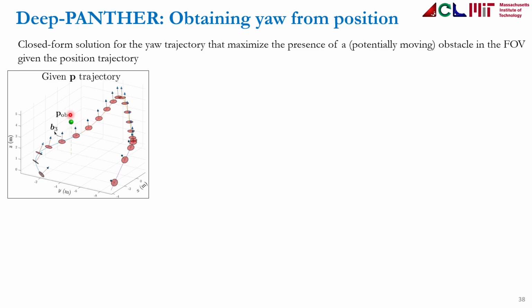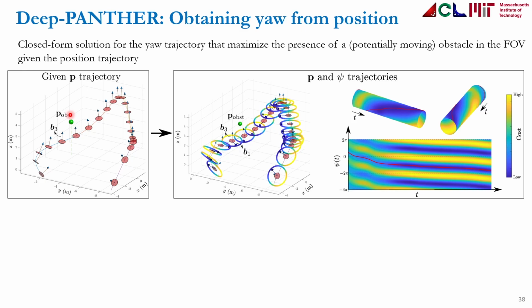So it turns out that there is a closed form solution to go from the position trajectory to the optimal yaw trajectory that maximizes the presence of a given feature in the field of view, which is this red trajectory over here. And this solution actually comes from solving the KKT equations associated with an optimization problem.